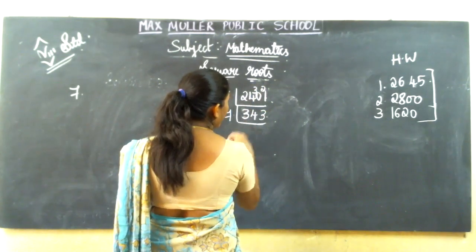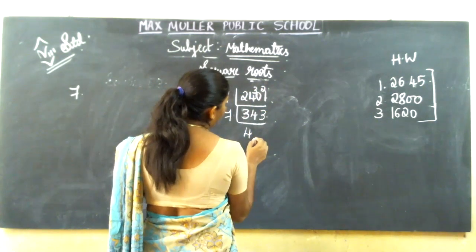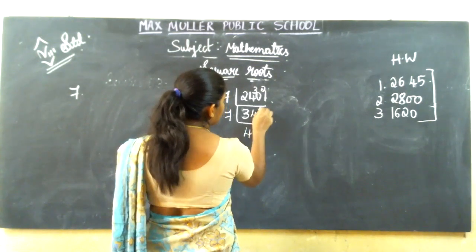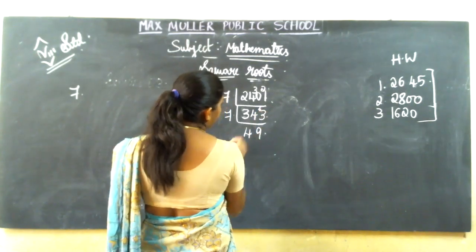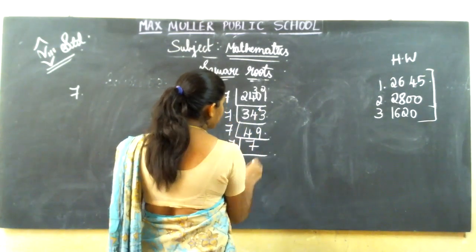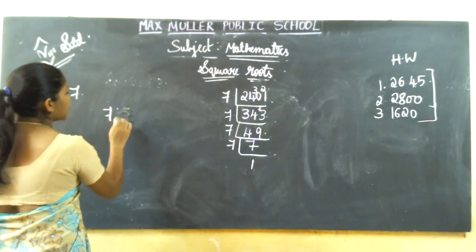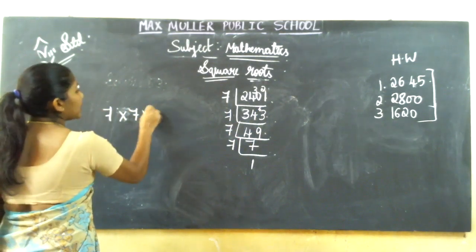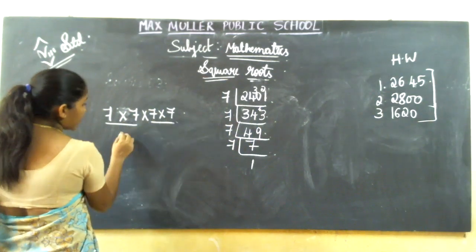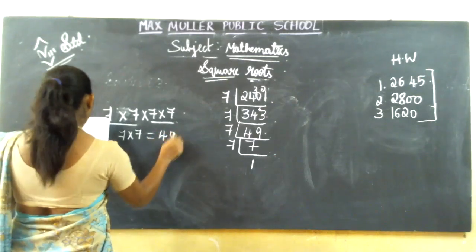7 fours are 28, 29, 30, 31, 32, 33, 34. So 63, 7 nines are 63. So 7 sevens are 49 and 7 ones are 7. So here you got the perfect square: 7 cross 7 into 7 cross 7. So it is 7 cross 7, 7 sevens are 49.